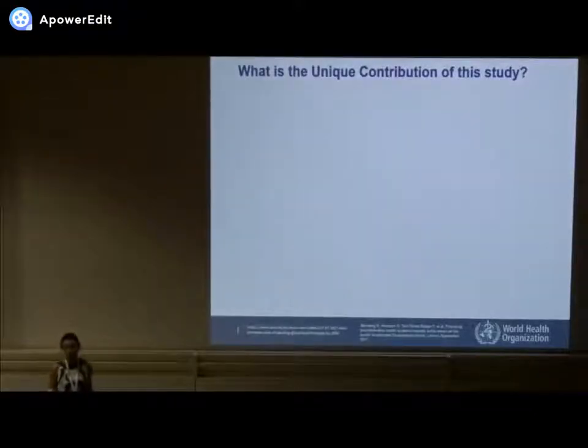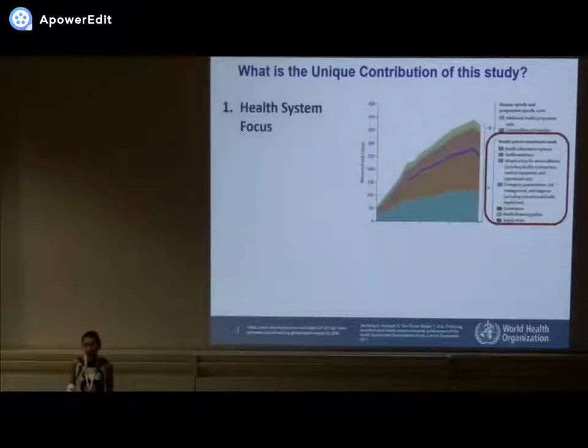So what's the unique contribution of this study? I think I just listed 4 things here. So the first thing would be that we are really taking a health system focus.